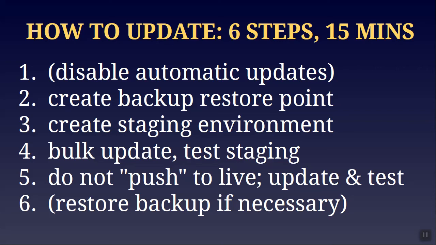You do not push the whole staging site to live, because you could override something that happened in the last few minutes, like orders or new users or posts gone live. So you simply re-update and retest the live site, and if something fails, you can always restore the backup that you created previously.